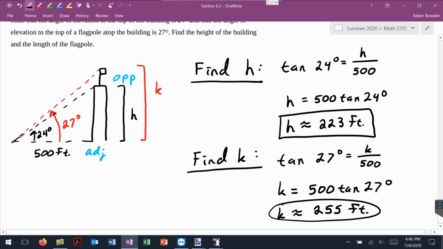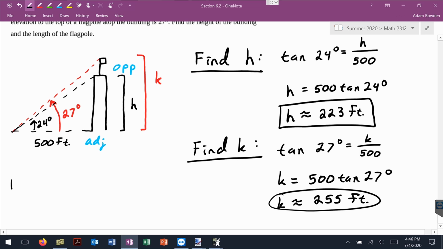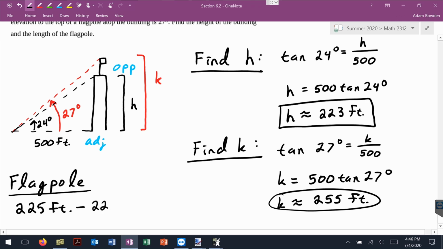So that's both the flagpole and the building all at the same time. So if we want to know just what the flagpole would be as its height, we take the 255 feet minus the 223 feet from the building to give us 32 feet for just the flagpole alone.